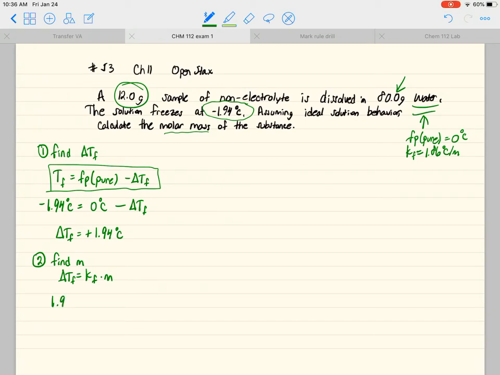It's 1.94, and that's going to be equal to the constant that I looked up, times the molality. That's what we're trying to find. I'll just do this on my calculator. 1.94 divided by 1.86 is equal to 1.04 molal. So that right there is the concentration.